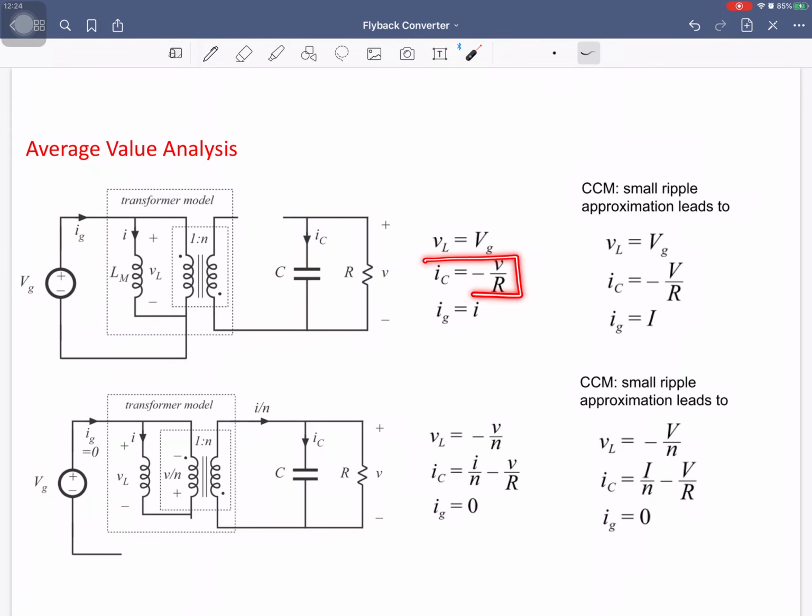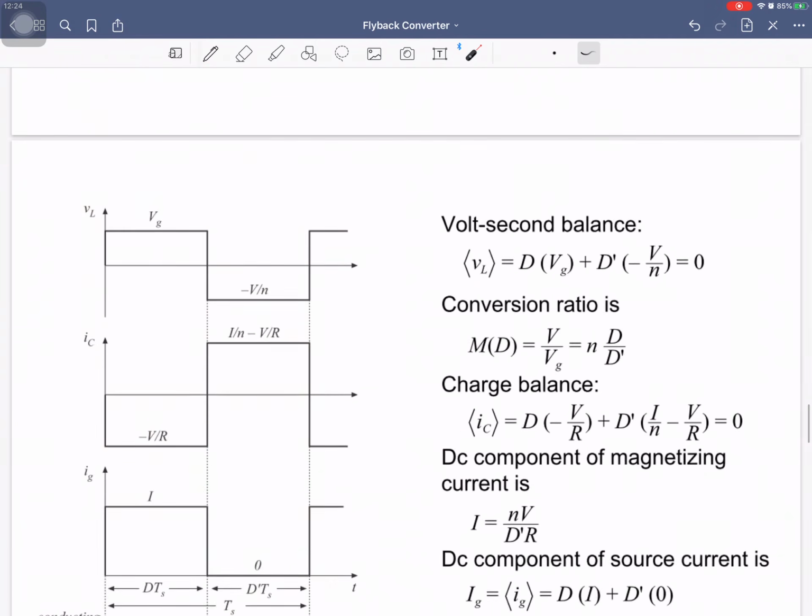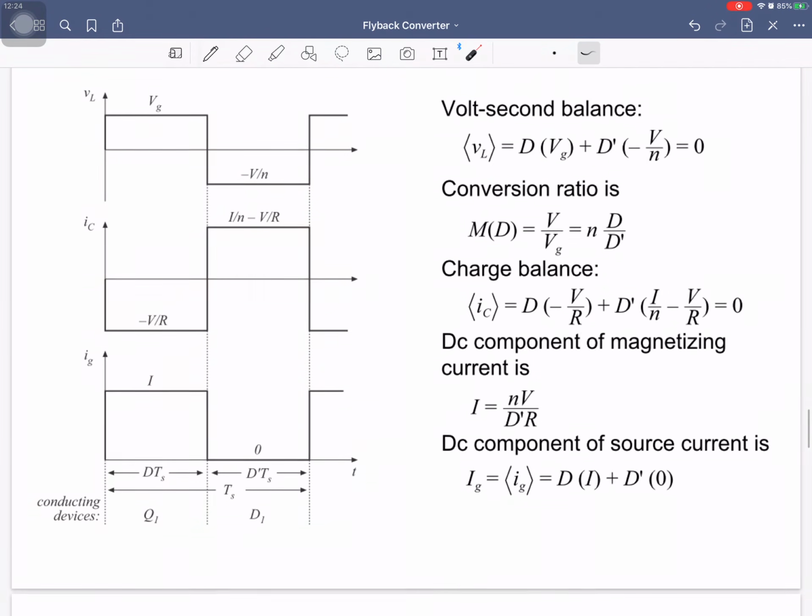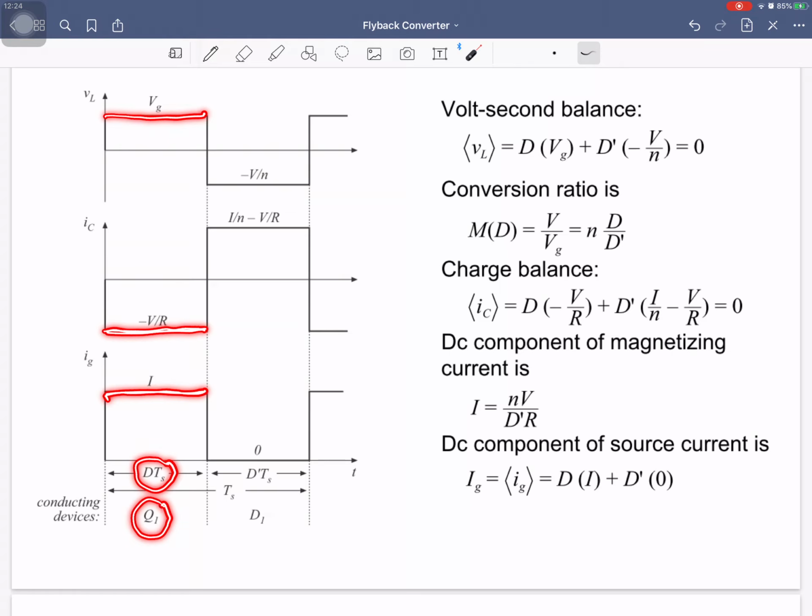The current through the capacitor is minus V by R, right? So the current waveform through your capacitor is minus V by R, and the voltage across your inductor is plus Vg, and your winding 1 is getting current from your source, so the source current is Ig that exists during the interval dT when your switch Q1 is in the on state.